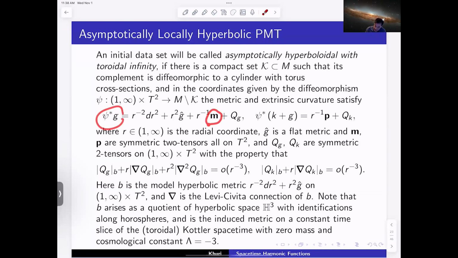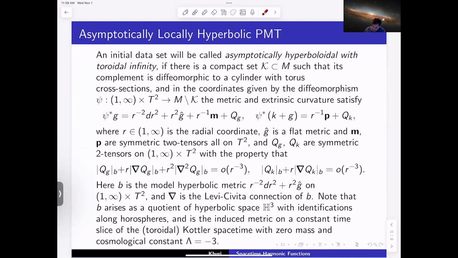You have a tensor that appears in the asymptotic expansion for the G and K. You have different tensors that appear. If you take an asymptotically flat realm, you take a Schwarzschildian end, and you see the mass appearing explicitly. Well, here there are these mass aspect functions. These are actually tensors on the conformal infinity, and you want to take a trace of these tensors, and you get something which you can refer to as the mass.